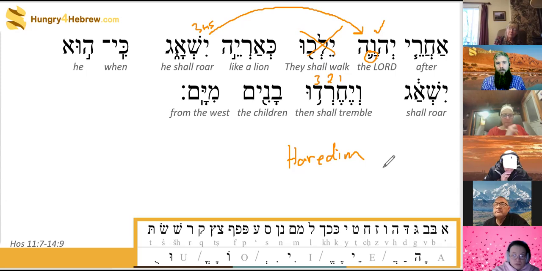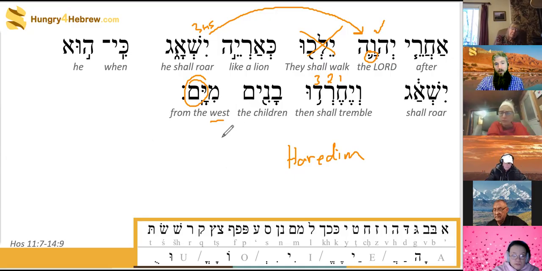Yecheredu, they shall tremble. Who will? Vanim, the children. Where? Mi Yam. Literally, it means from the sea. But Yam is also used several times in the Bible to allude to the cardinal direction west. So you can see that they've translated it west, but it's literally from the sea.